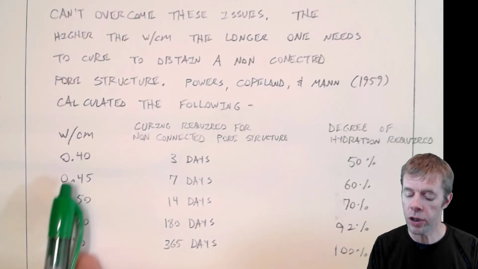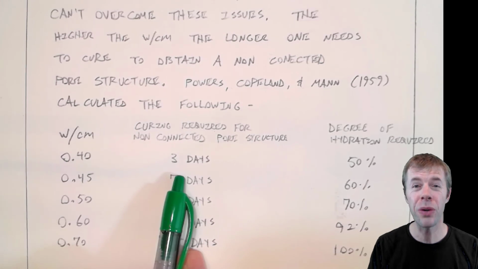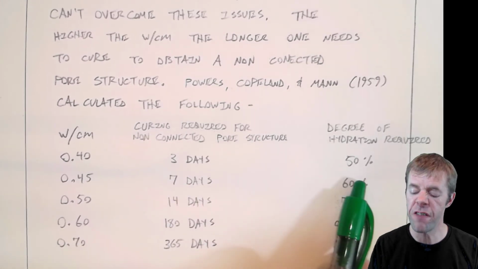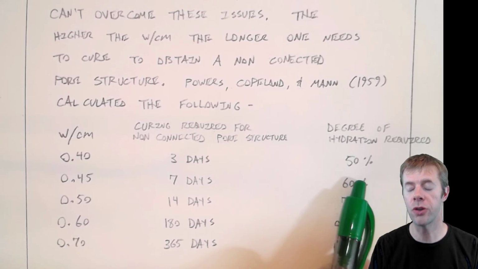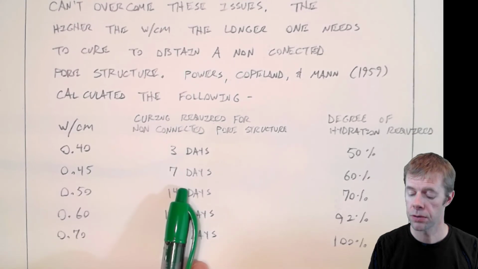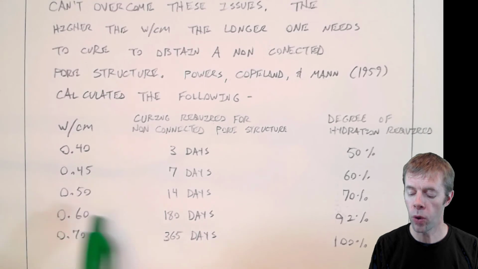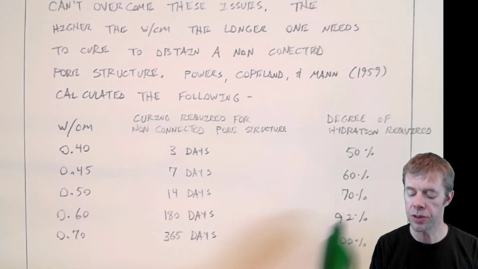But they said if you had a water cement ratio of 0.40, you needed to theoretically cure for 3 days. And you'd only have to get 50% degree of hydration. 50% of your cement grains would have to hydrate. 0.45, 7 days of curing. 60% degree of hydration. Here's 0.50, 14 days, 70%.